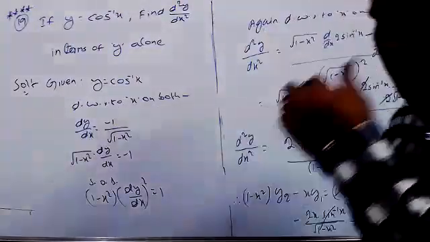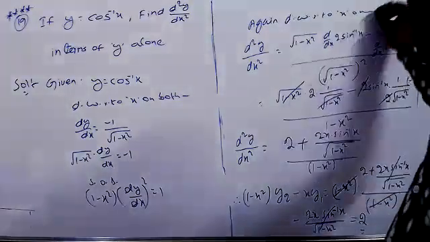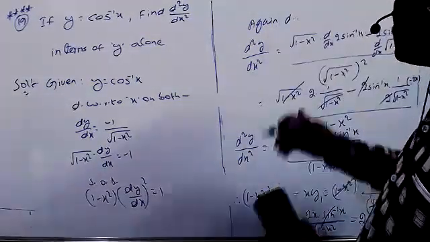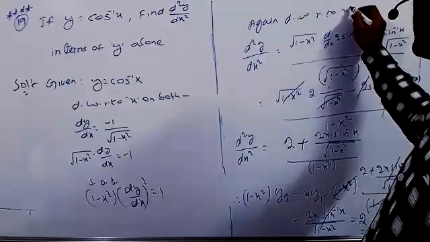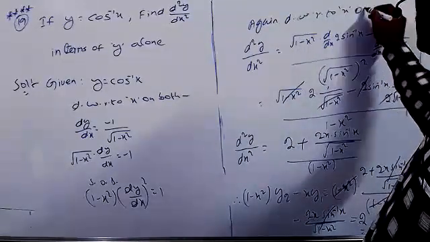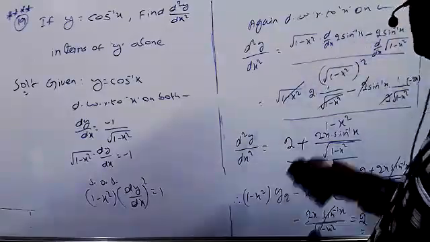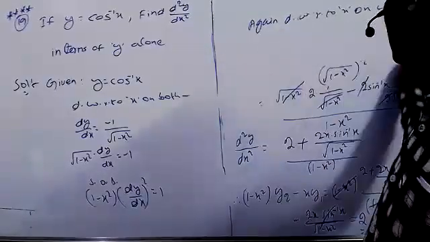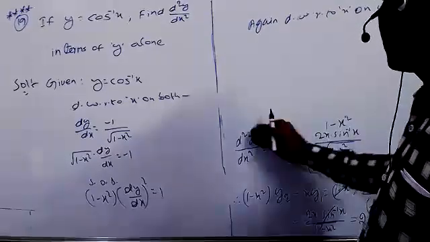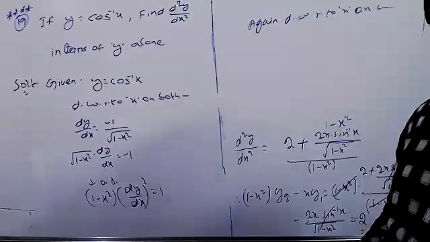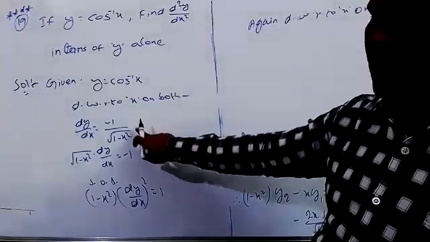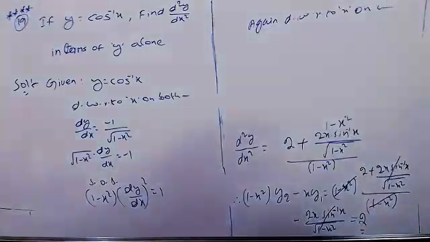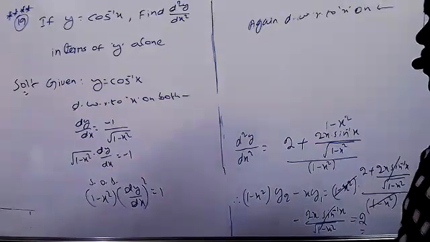Now again differentiate with respect to x on both sides. Or else if you want, you can take the u by v formula, u equal to minus 1 and v equal to root of 1 minus x square. That is your choice. Anyway, you can do that.